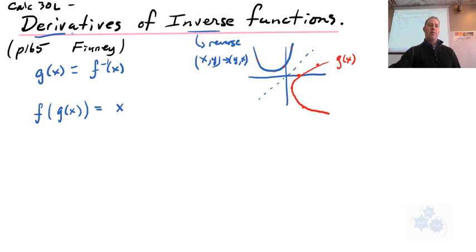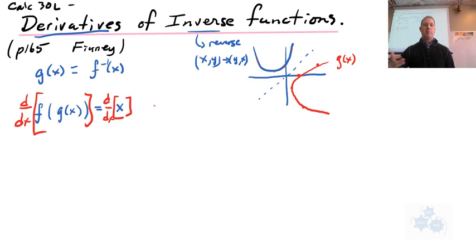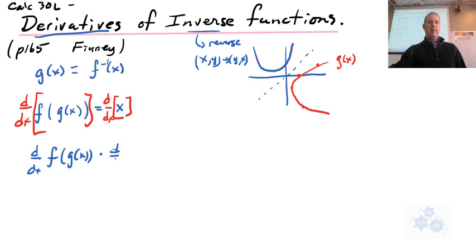In order to look at the derivative, let's just literally differentiate this side, and differentiate this side. It's kind of like implicit differentiation with the chain rule. We're going to differentiate both sides. So this is what it's going to look like. We have the derivative of f of g of x, and the chain rule says I then have to multiply by the derivative of g of x, and I'm using Leibniz notation here, obviously.